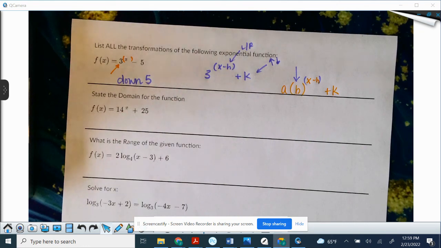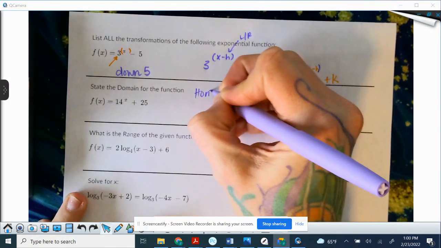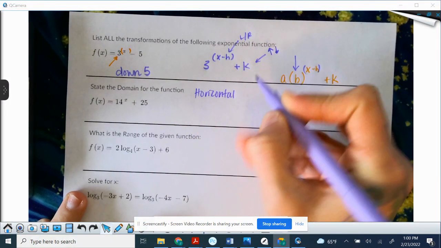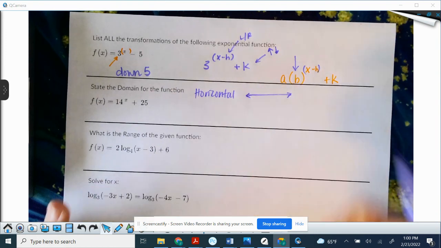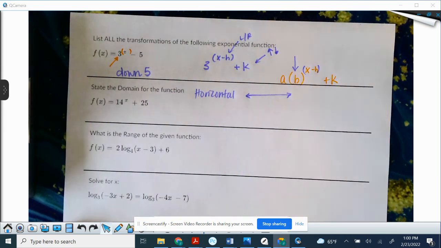And domains for exponential. So again, exponential, you're going to have that horizontal asymptote, which means there's a line that goes this way. So it's just stopping it from going either above it or below it, depending on all the fun factors of that. So your domain, left and right, is going to always be all real numbers. It shouldn't stop going left or right. It's going to continue in that direction forever.